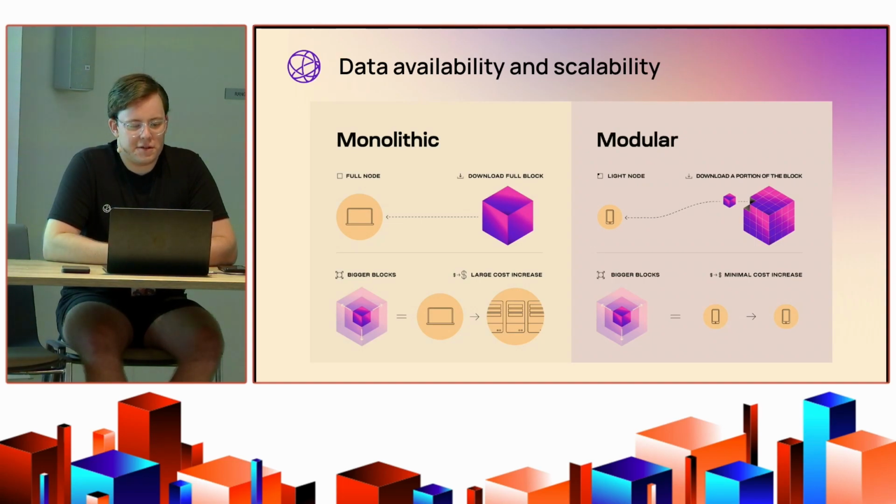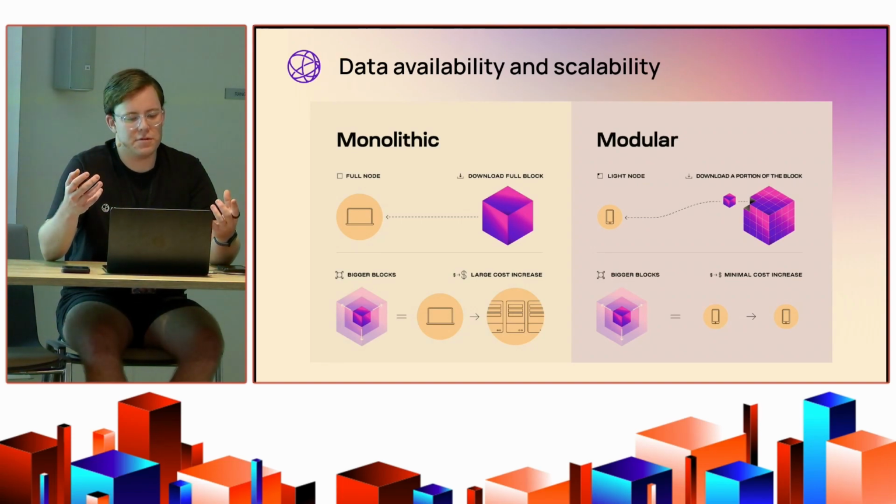So you can imagine if the block size on Ethereum doubled, or the block size on, I guess, Bitcoin doubled, you would have to scale all of those servers exponentially to keep up with the size of the blocks.